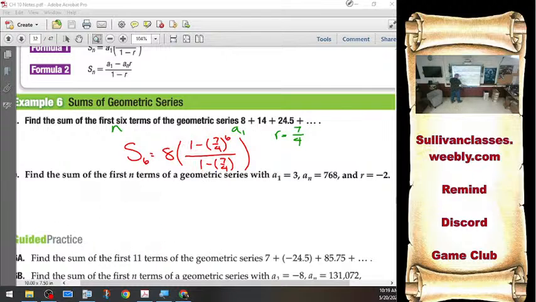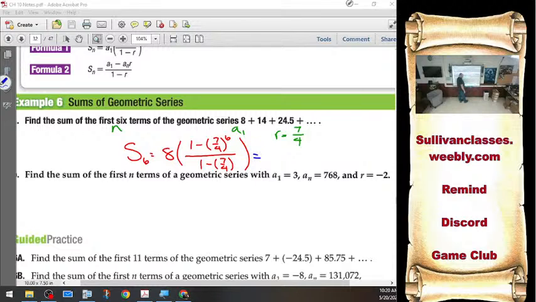Okay. So, press the buttons, and if you type it in like this, instead of 1.75, if you actually say 7/4, it should spit it out as a fraction with our calculator. It's going to be big and ugly, but it should give us a fraction.